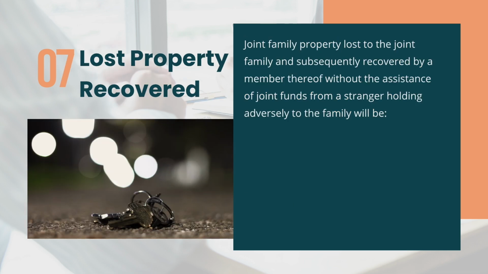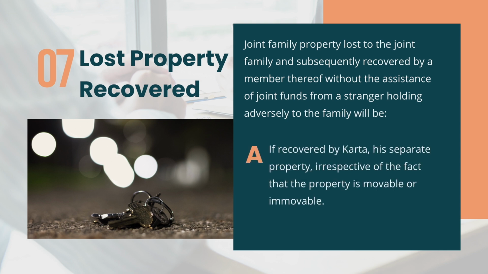Another important property is lost property recovered. Joint family property lost to the joint family and subsequently recovered by a member thereof without the assistance of joint funds from a stranger holding adversely to the family will be, firstly, if recovered by the karta, his separate property, irrespective of the fact that the property is movable or immovable.